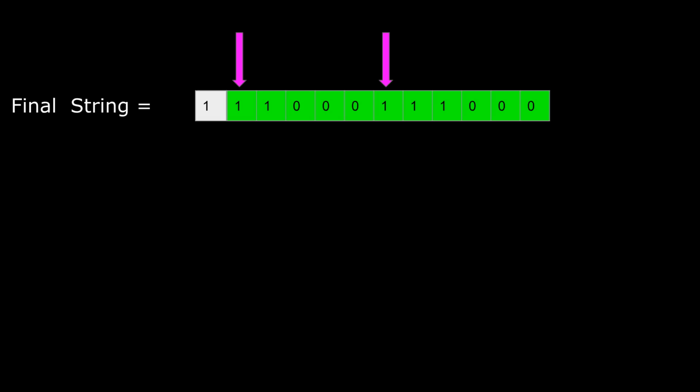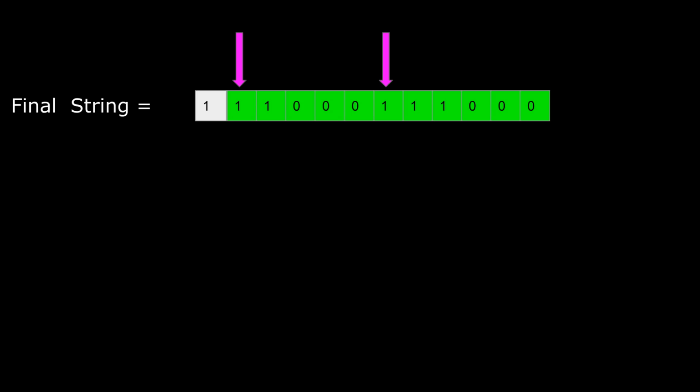If somehow we can calculate the contribution of index 0 and remove it from the previous value, and calculate the contribution of index 6 and add it to our answer, then in this way we can progress, right?